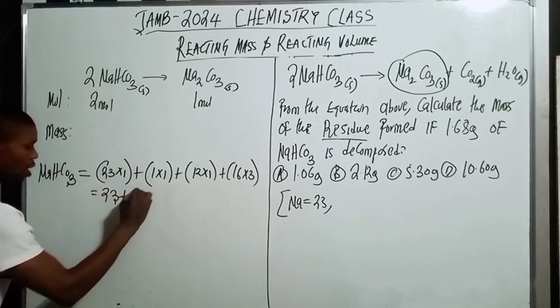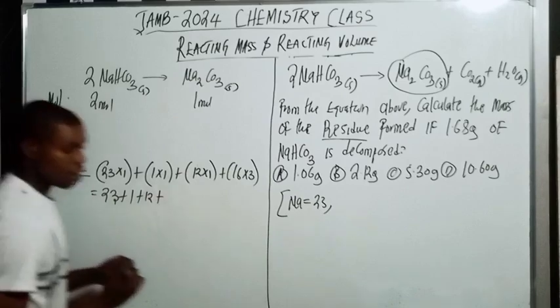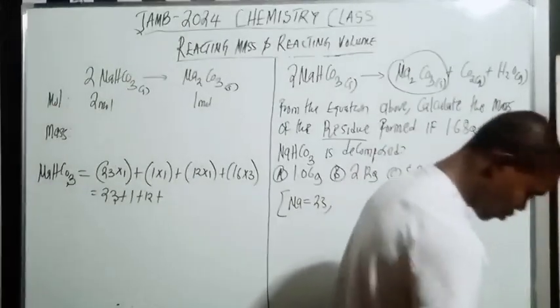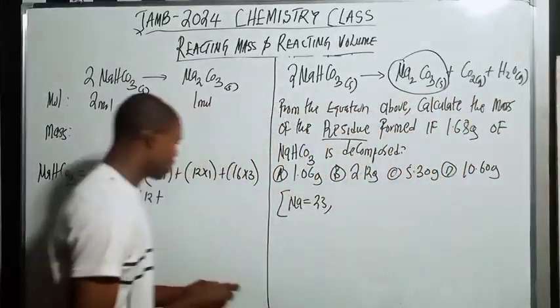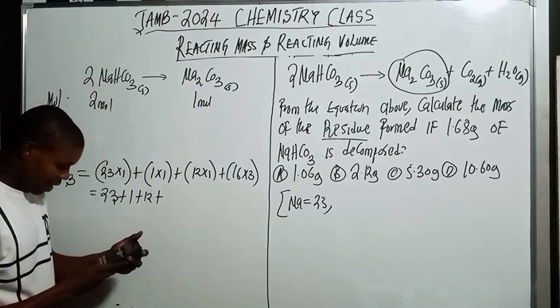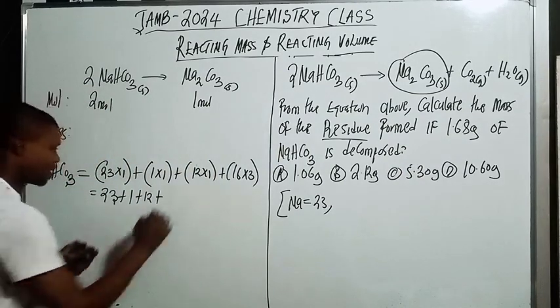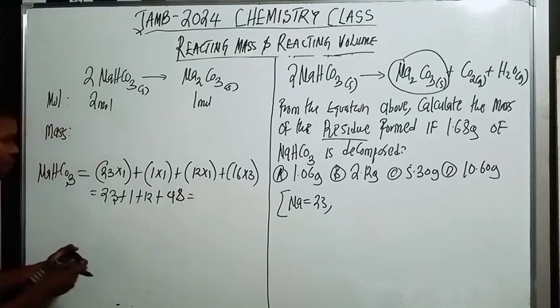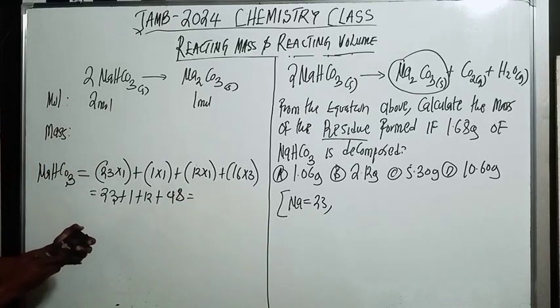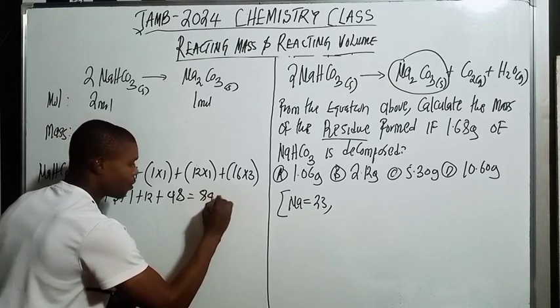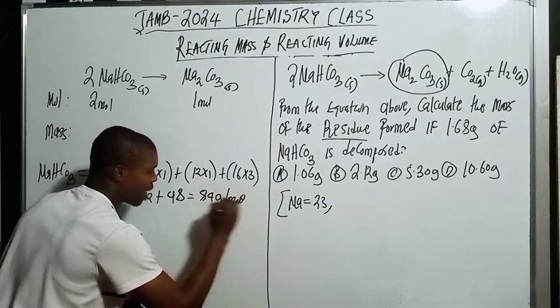So it's going to be 23 plus 1 plus 12 plus, using the calculator, 16 times 3, here we have 48. So when you sum it together, 23 plus 1 plus 12 plus 48, here we have 84 gram per mole, right?